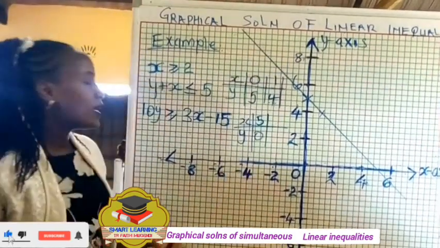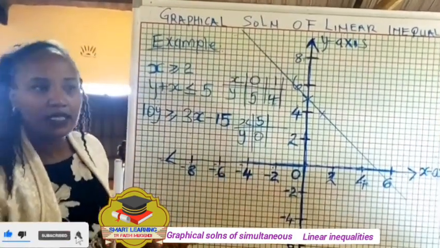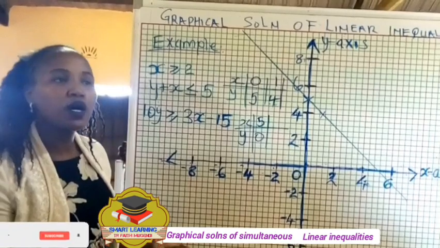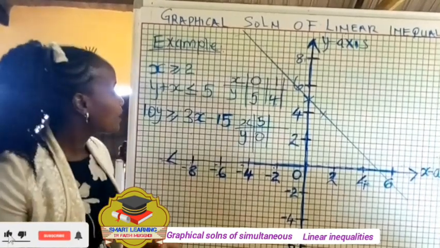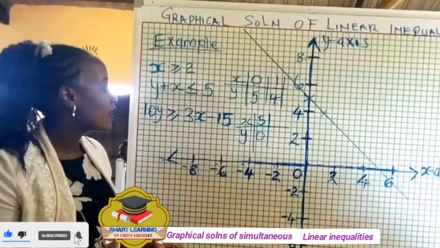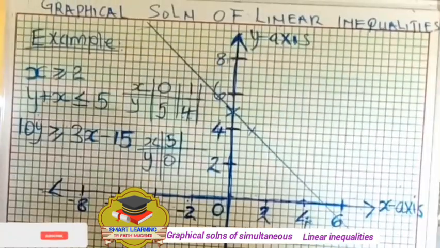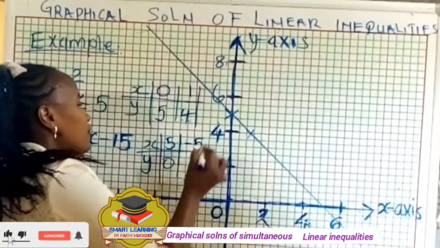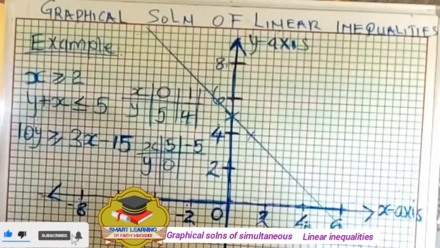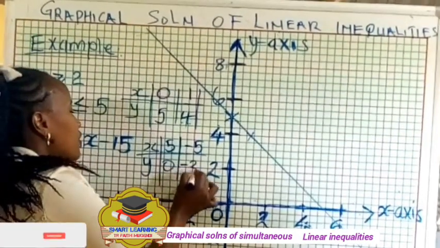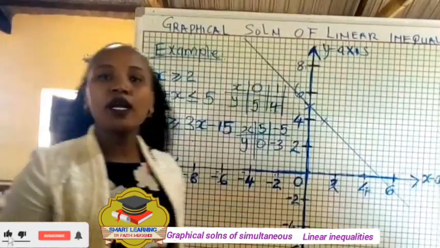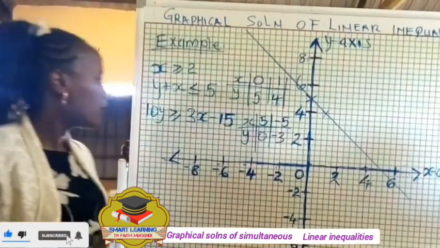Very good. Another assumption of the value of x we can hear from John. Negative 5. Y will be negative 3. Can you graph for Purity and John?